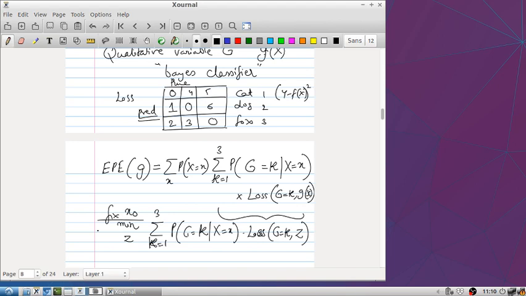When you set z equal to k, first of all, this is a summation over k, so which k you set is the critical thinking here. For every k, ideally you want to set z equal to that k; then this loss value is 0. But since there is a summation, you want to set this to be one of the k's such that this number is as small as possible.